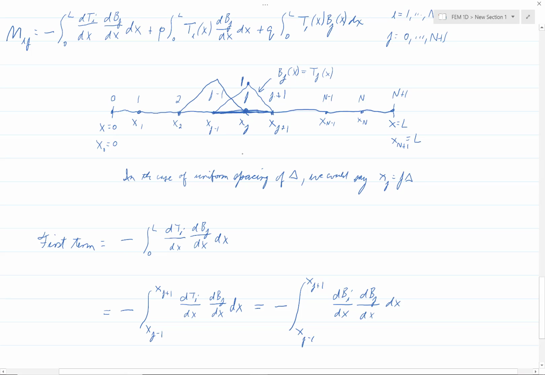But say it were j minus 2 or j plus 2, if i were equal to either of those, then there would be no overlap at all, and so the term would be 0.